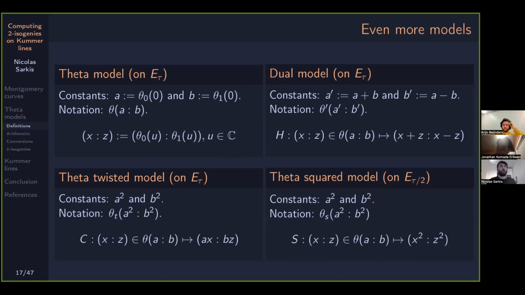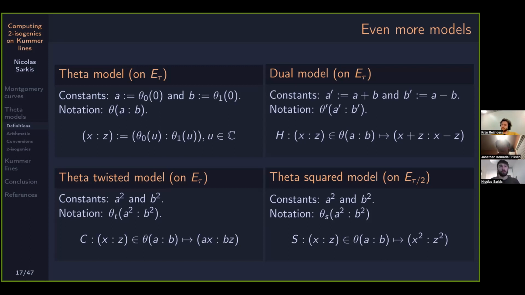You can take the squares, and if you do some computation with the formulas before, it can be seen that x squared and z squared correspond to a basis of R tau over 2. So it's not the same curve. It's on a two-isogenous curve, but you also have this theta squared model, which will be useful in the next section.